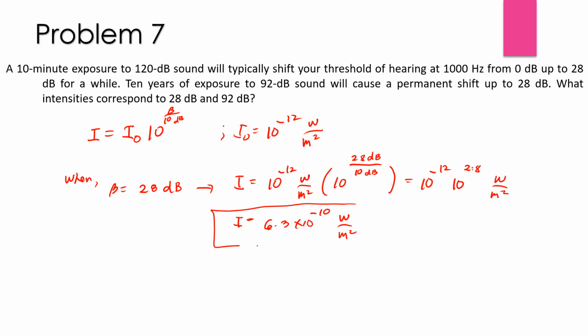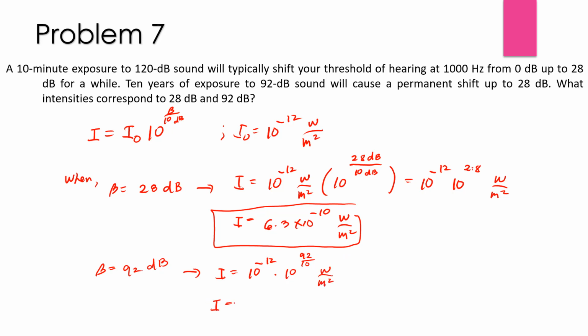So 28 decibel is equal to 6.3 times 10 to the minus 10 watts per meter square. Now when beta is equal to 92 decibel, then the intensity I is equal to 10 to the minus 12 times 10 to the 92 over 10, watts per meter square.